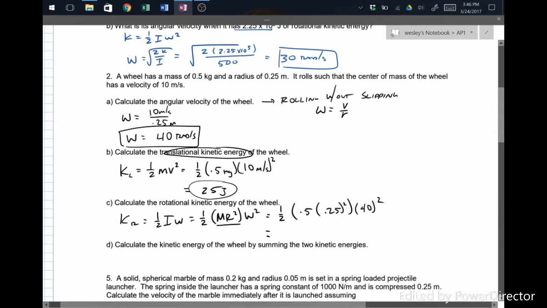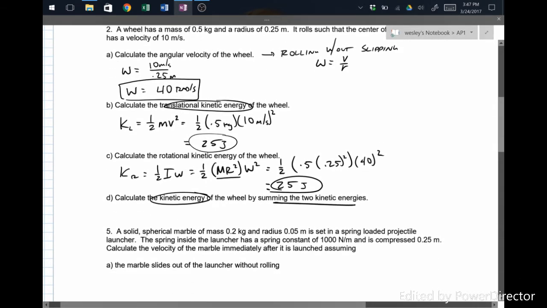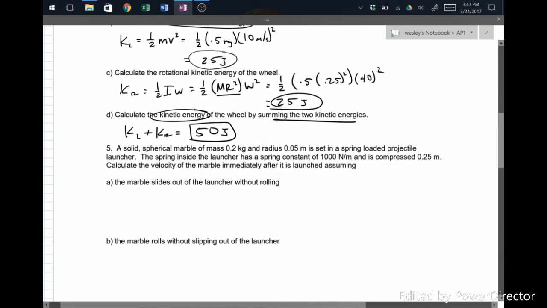So when we plug in all of our numbers for that, our rotational kinetic energy also comes out to be 25 joules. And if I want the kinetic energy of the wheel, it's both of those things put together. So if something is rolling without slipping, its energy is a combination of linear kinetic energy and rotational kinetic energy. So the total kinetic energy is going to be 50 joules.